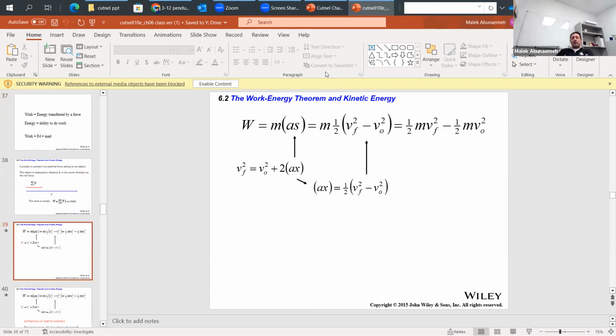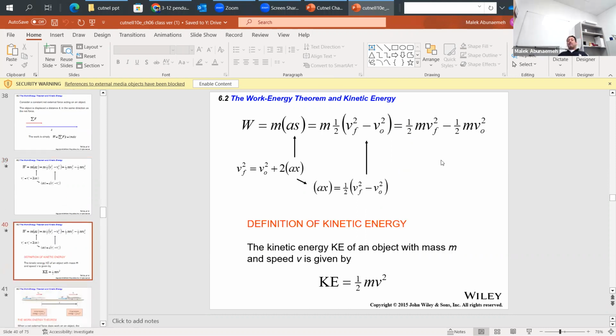And that's what we just saw, where from the kinematic equation, Vf squared equals V initial squared plus 2AD, you solved it for your acceleration times your distance, and you get 1/2 Vf squared minus V naught squared. Plugging in the mass, that's what we multiplied by. You get 1/2 m Vf squared minus 1/2 m V naught squared, which is your final minus your initial kinetic energy.